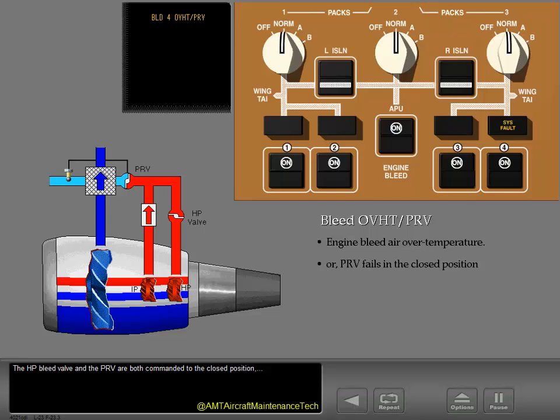The high pressure bleed valve and the pressure regulating valve are both commanded to the closed position, and the engine bleed air system fault light illuminates. Nacelle anti-ice is not available for the affected engine. No crew action is required.